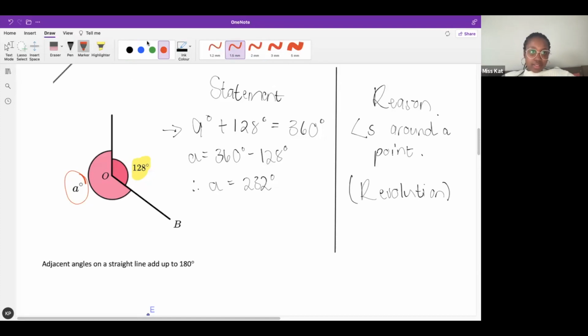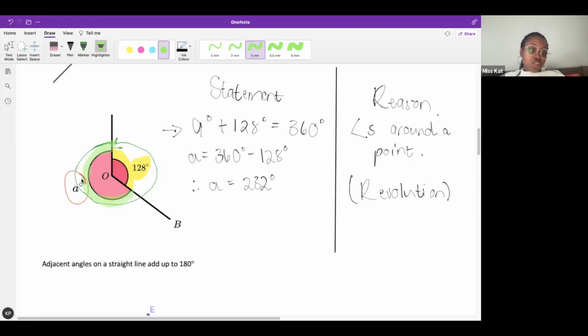Look, this angle goes from this line all the way around that way. So 128 only accounts for this part over here. Do you see where I'm highlighting yellow? Yes, ma'am. So we know that if you're going to go all the way around, it has to add up to 360. So if 128 only accounts for that little piece over there, we have to know what this big piece out here has to be.